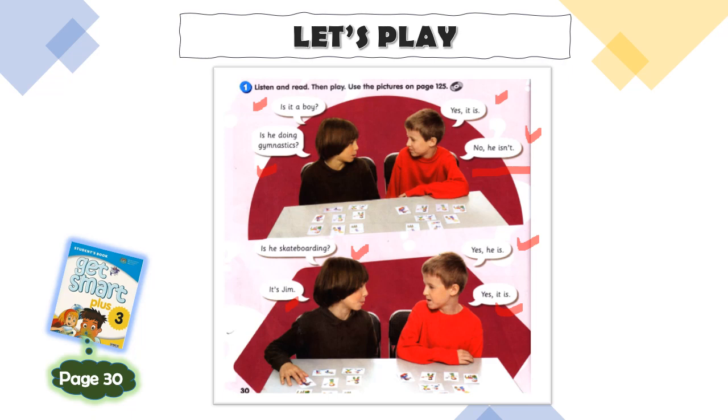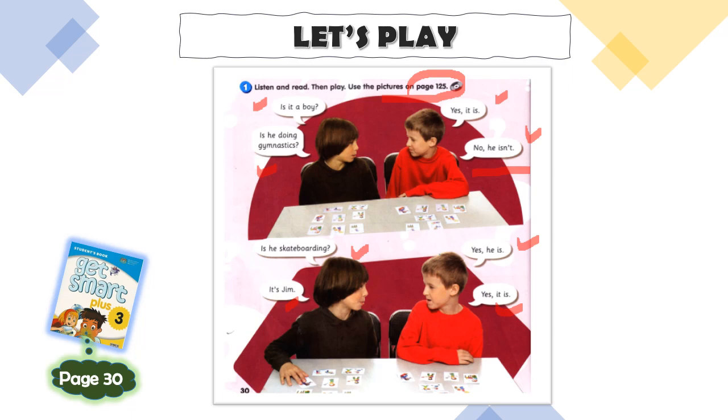Okay, so can we start now? Get ready to ask and answer questions by referring to the pictures on page 125. But before that, let us do some activity to make you a bit comfortable with this sentence structure.